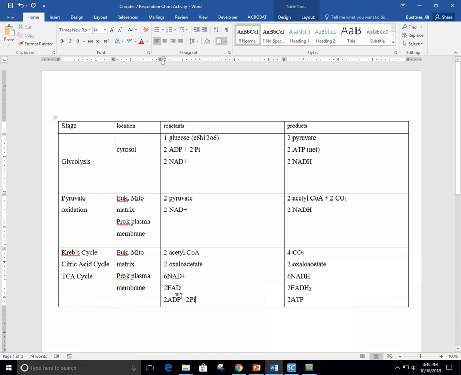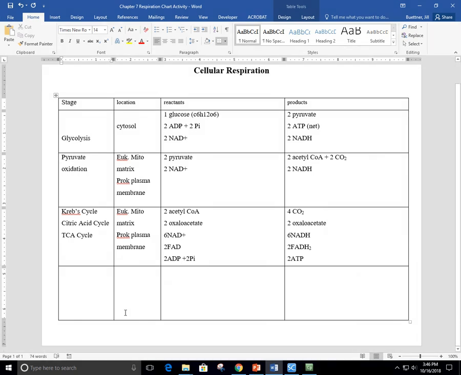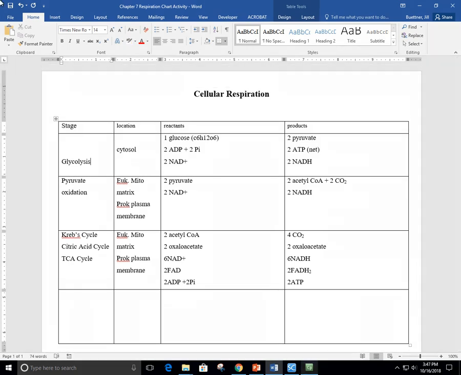So at this point, we have filled in the better part of this chart. But we do have this last part, and I haven't lectured on that yet, so you're going to put this to the side, and then we're going to finish the lecture on the very last stage of cellular respiration, and then we'll fill this in.